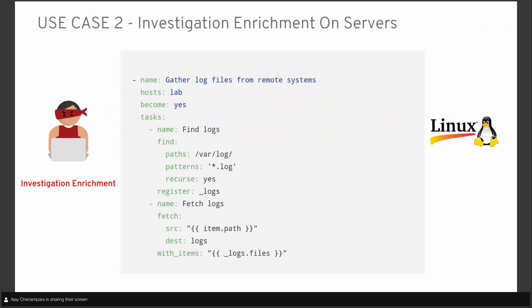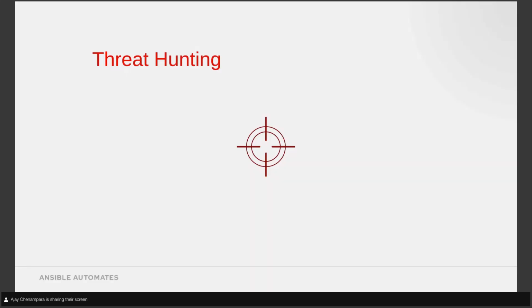So normally these logs might be sent to a normal syslog logging server, but when a security incident arises, you want to forward these logs to a SIEM tool. Okay, so that was our first use case where Ansible can help with investigation enrichment by allowing security analysts to look at much more detailed logs.